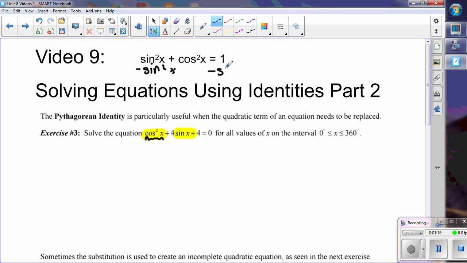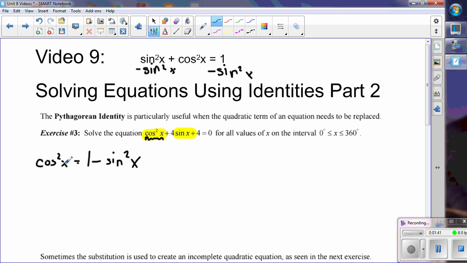And when you do that, you get the moved around Pythagorean identity of cosine squared is equal to 1 minus sine squared. So cosine squared x is equal to 1 minus sine squared x.